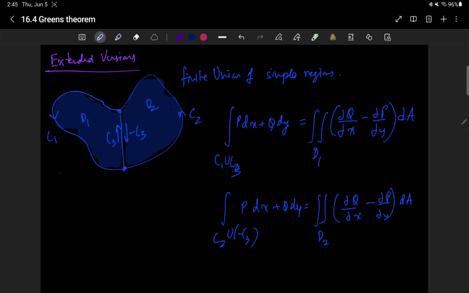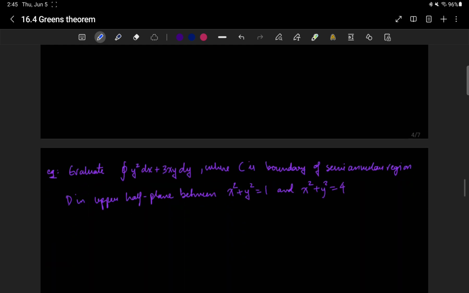What this does is it also helps us now evaluate or apply Green's theorem to regions that have holes in them, which we will see in the next example.